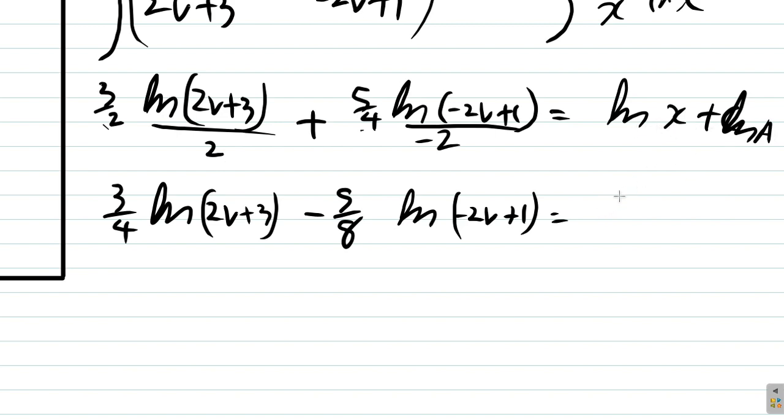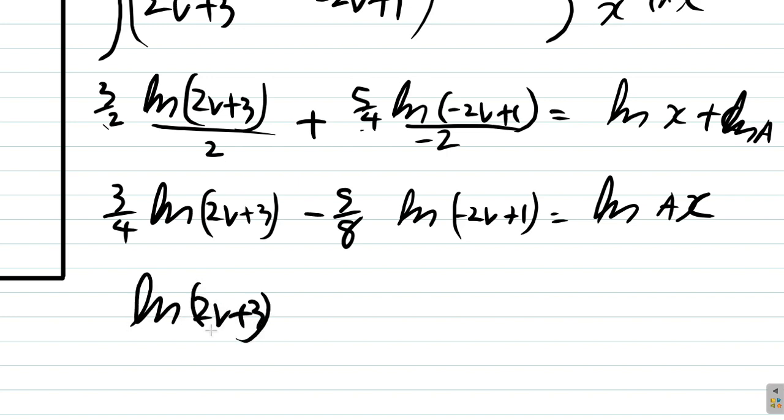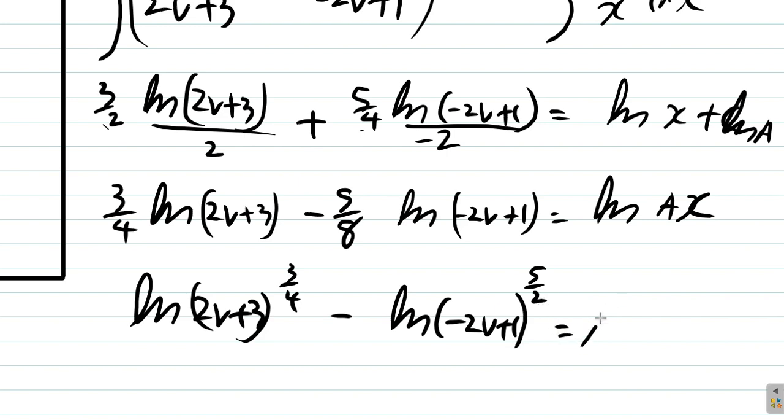And then ln x plus ln a is ln ax. Alright? Now this, from your knowledge of the rules of indices, is ln 2v plus 3 to the power of 3/4. And then this is minus ln negative 2v plus 1 to the power of 5 over 8 equals ln ax.